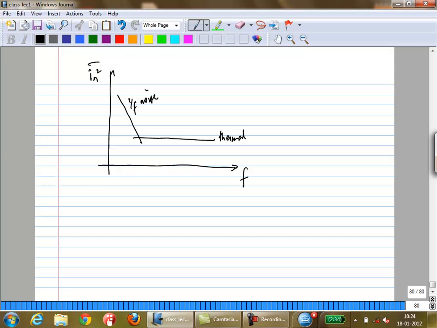This is flicker noise. And at some point, your flicker noise is going to go below your thermal noise floor, which means it becomes insignificant compared to your thermal noise. Let's call this FC. You can equate the two and find out where one goes below the other.